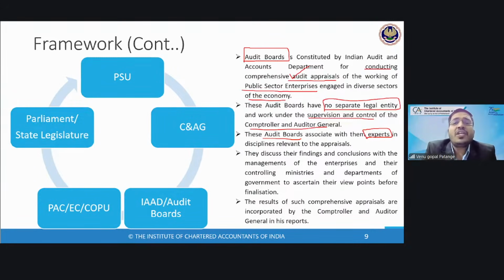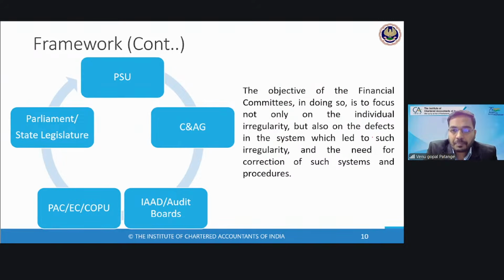So it is not just understanding the findings which are given by the audit board. Financial committees will review those findings, observations. They will do root cause analysis. They will find the suitable control. They will implement it in order to mitigate such risks so they do not happen in future. So this is the duty of financial committees.